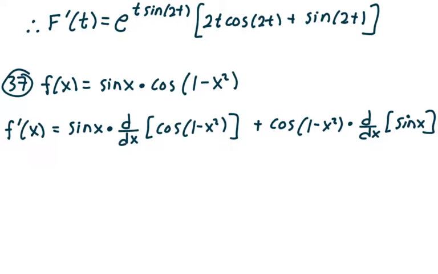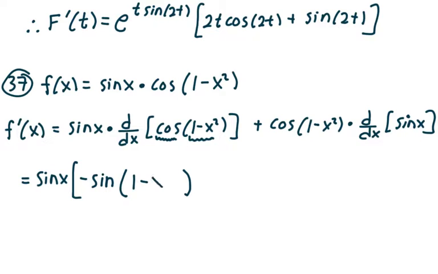And so this is sine x times the derivative of the cosine function, which is the negative sine function. So you're taking the derivative of the outside function, but you're going to evaluate at the inside function. So this is an application of the chain rule. So I'm going to put 1 minus x squared inside these parentheses.